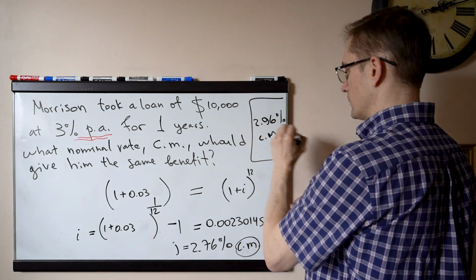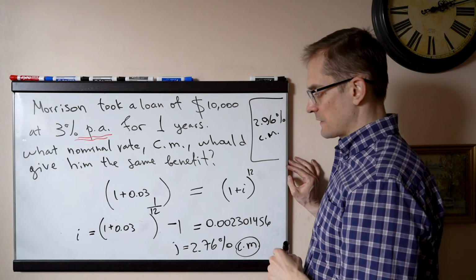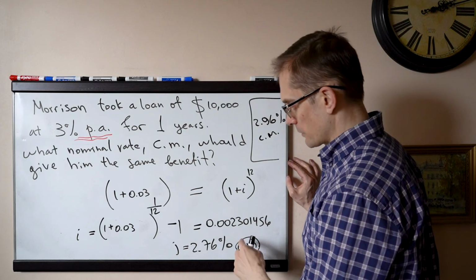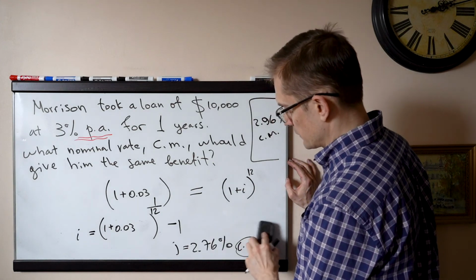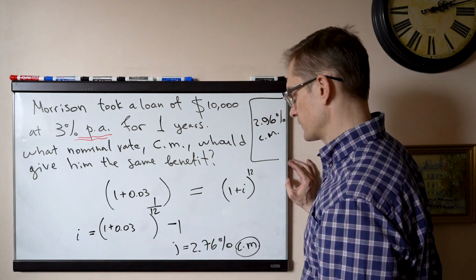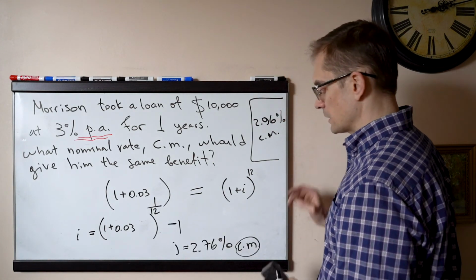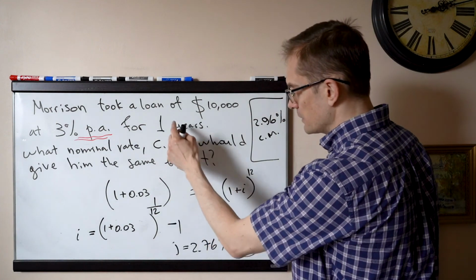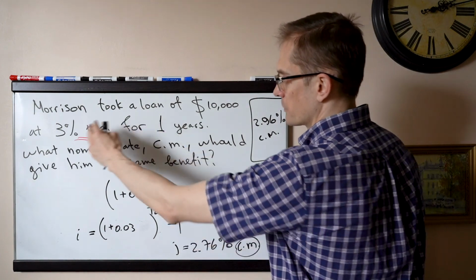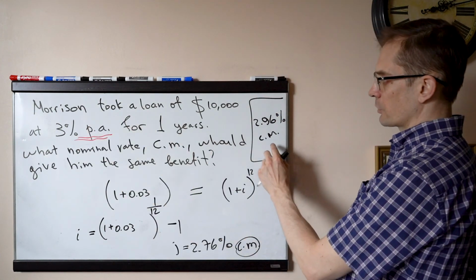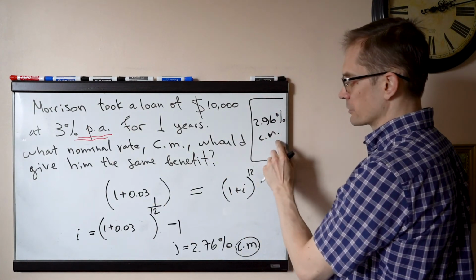Compounded monthly. And that's the point I was trying to make, okay? So this is not going to be any longer equal to this, right? Because it's 1 here, not 6 anymore. But for 6 years, that's the nominal rate, which is equivalent to 3% PA. But for 1 year, it's 2.96% compounded monthly.